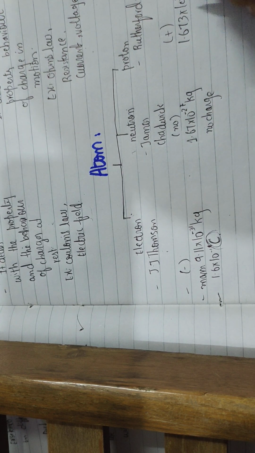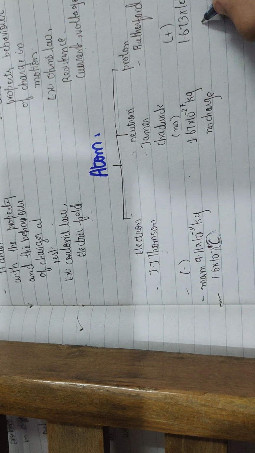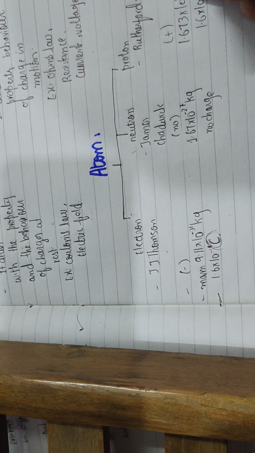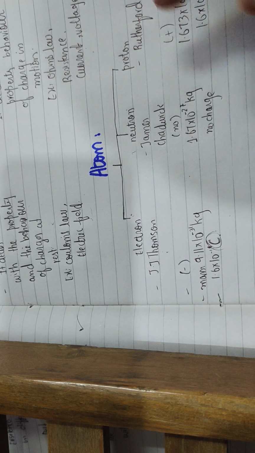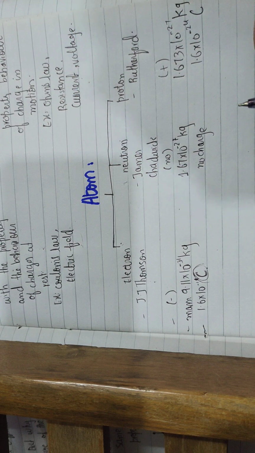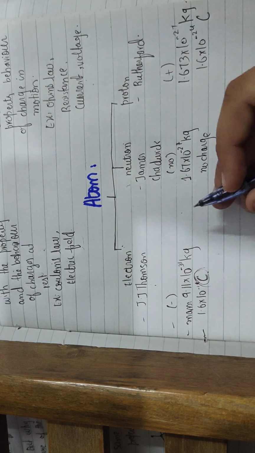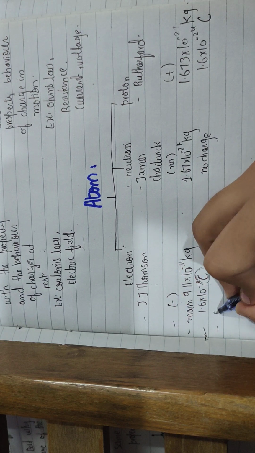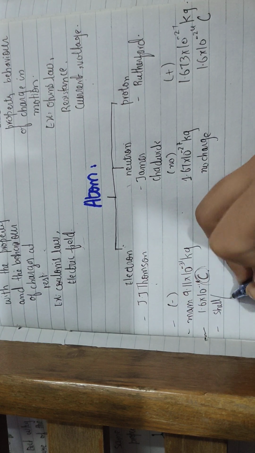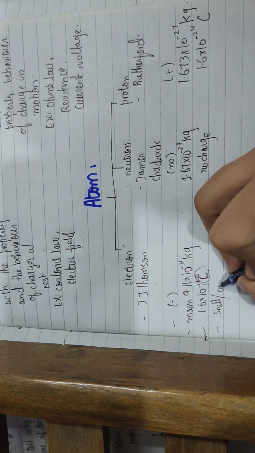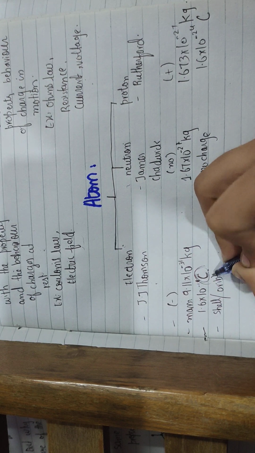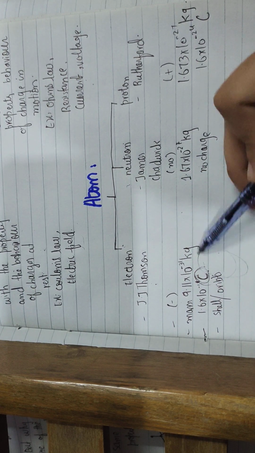And the charge of the proton is 1.6 times 10 to the power minus 19 coulomb. Now, about location: electrons are present in shells or orbits, or we can say orbitals, meaning they are revolving all the time.